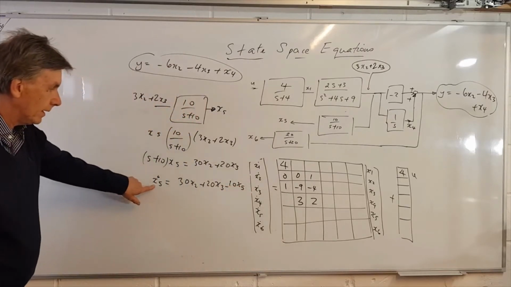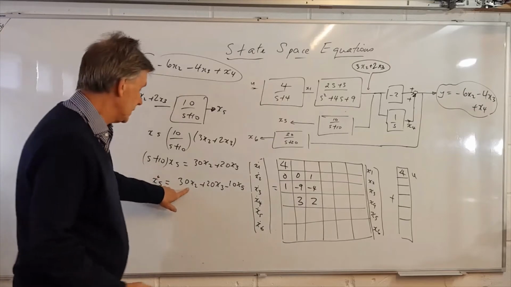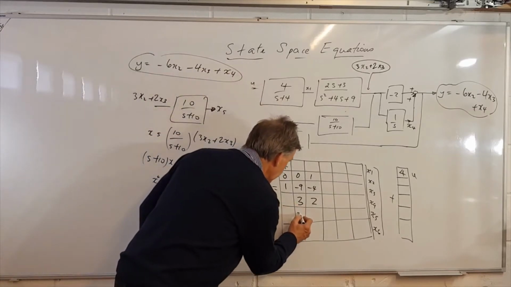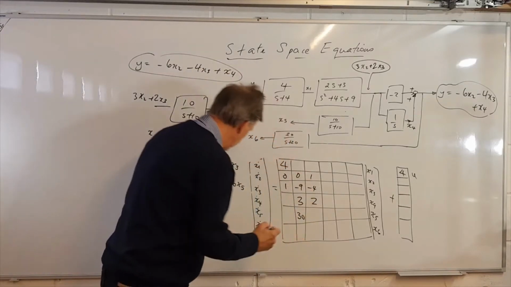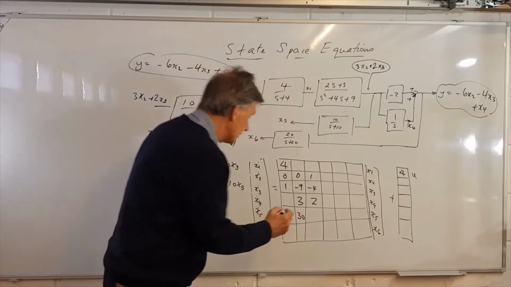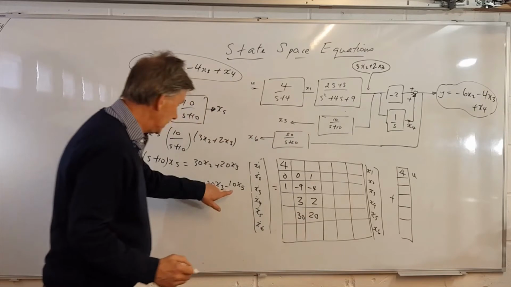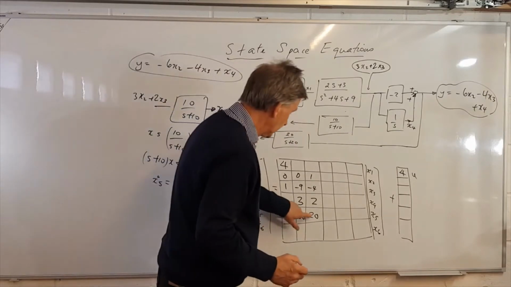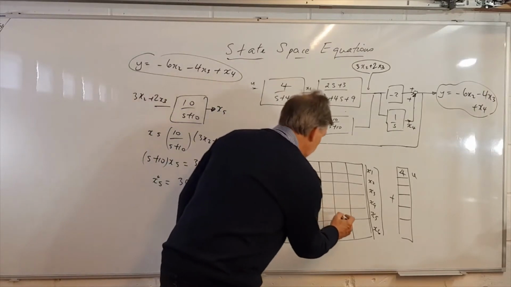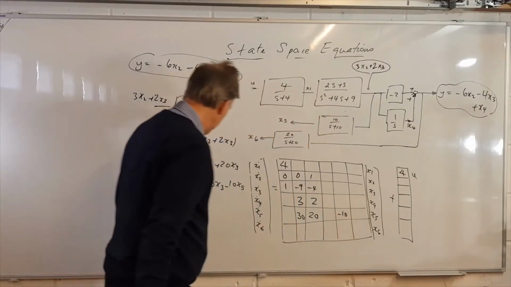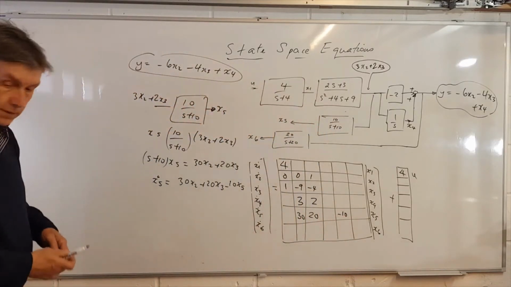So x5 dot goes in the next line. It's going to be 30 in the x2 column, 20 in the x3 column, and minus 10 in the x5 column, and it's got nothing else going into it.